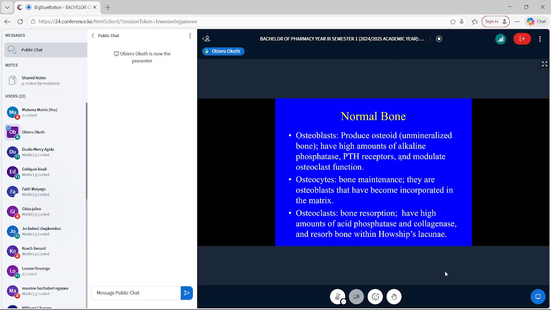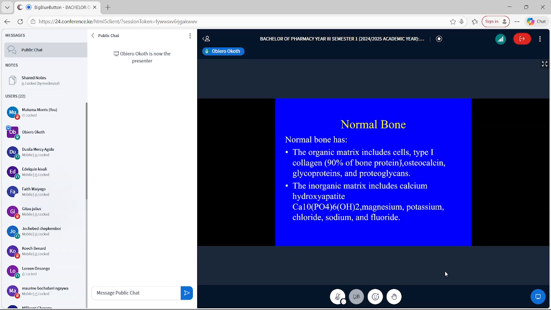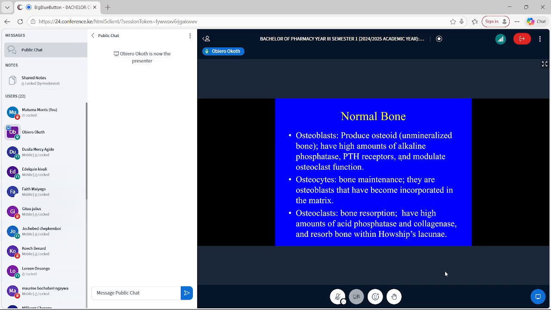Now, the normal bone has basically 3 cell types. There are others that are in the bone marrow, but the bone itself has mainly 3 cell types. One is the osteoblast. Osteoblast is what produces the osteoid, the unmineralized bone. The organic part of the bone is produced by osteoblasts. They normally have a very high amount of alkaline phosphatase, and that's why when you're evaluating for a bone disorder, we normally include alkaline phosphatase in the panel.